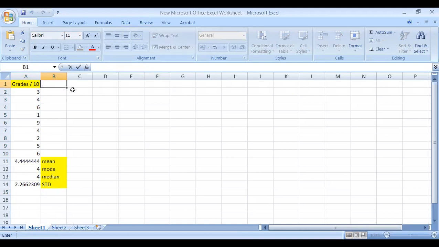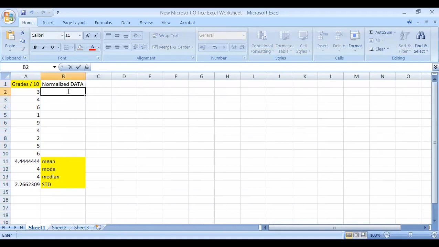Okay, let's standardize the data. So we normalized. It's equal to STANDARDIZE, and then we have to write the x, which is this value here. Mean we have 4.44, and the standard deviation is 2. So A40. I will drag it.